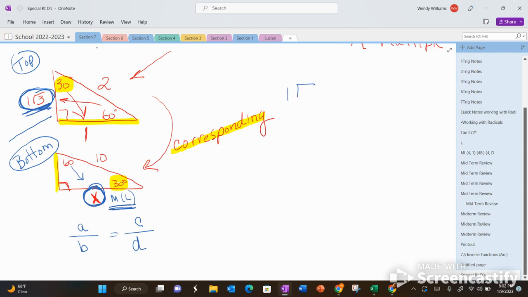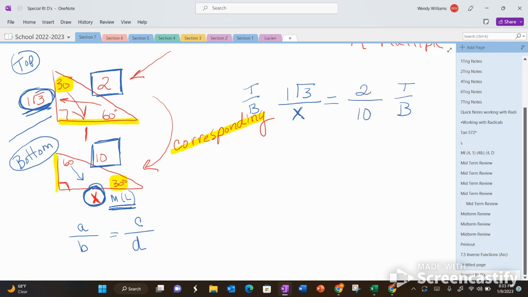So 1 square root of 3 compared to X is going to be equal to, and the other two that we have available to us is the hypotenuse. So since I started with top over bottom, my other side is going to be top over bottom, and I'm going to compare 2 to 10.